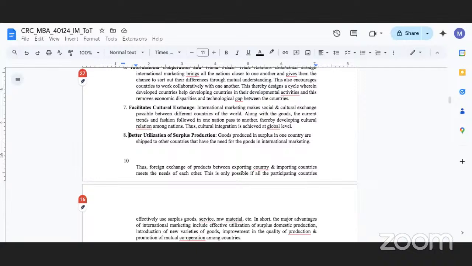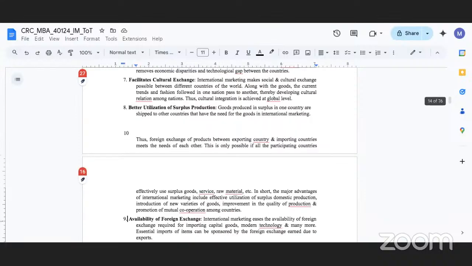It also facilitates cultural exchange, where trends and fashion followed in one nation pass on to another, and there is a cultural relation between these countries. If you are talking in terms of Western adaptation of Indian clothes or Indian adaptation of Western clothes, this is just one example. The next one is better utilization of surplus production.